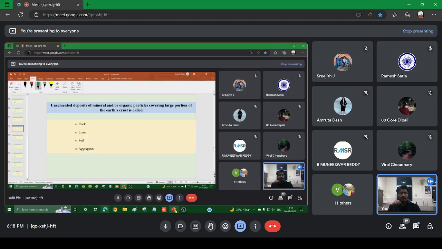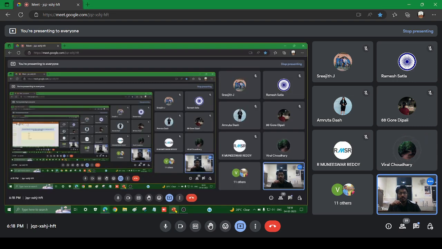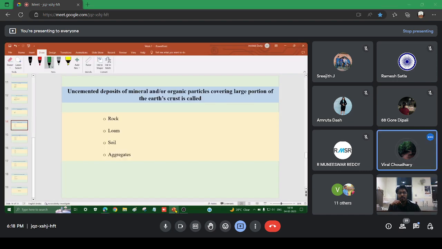Soil and aggregate both. So what are aggregates? Have you learnt about aggregates in concrete technology? Sir, bigger particles greater than 4.75 mm. Coarse aggregates and fine aggregates.